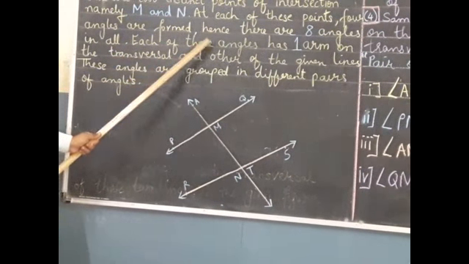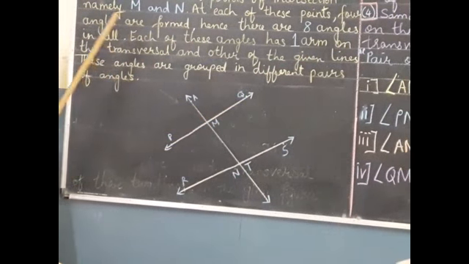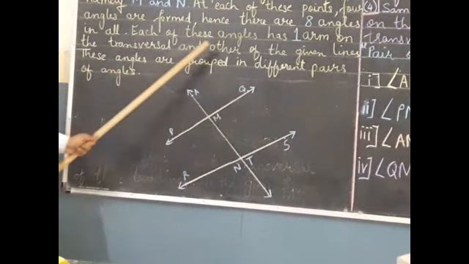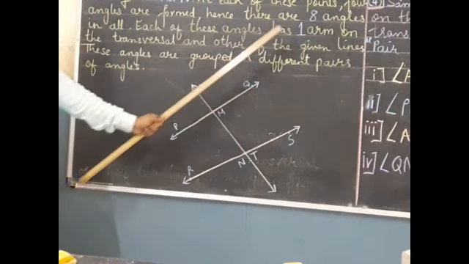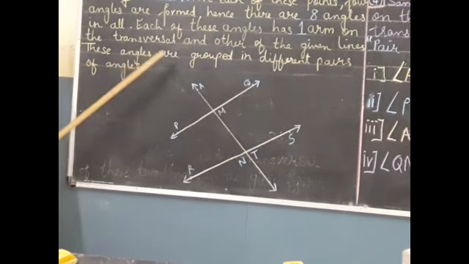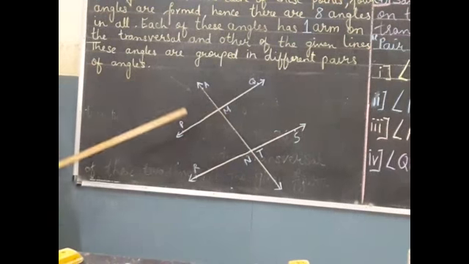Each of these angles has one arm on the transversal and the other on one of the given lines. These angles are grouped in different pairs of angles.